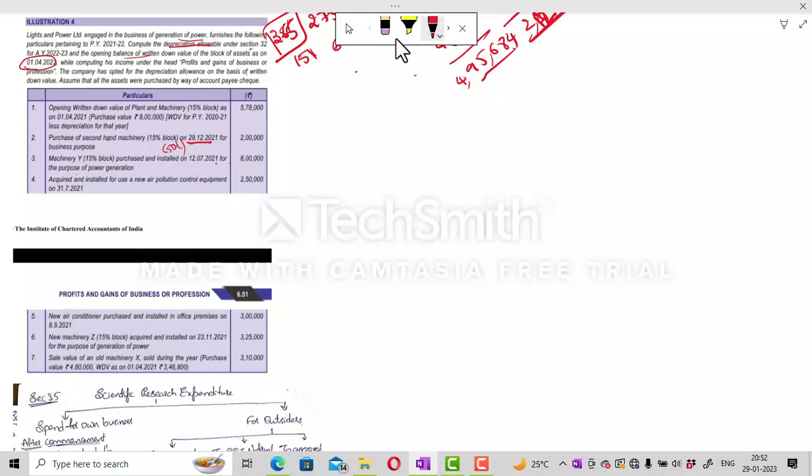Now write first purchases. First one, see, opening WDV is not a purchase. Purchase of second hand. Are you able to see this?